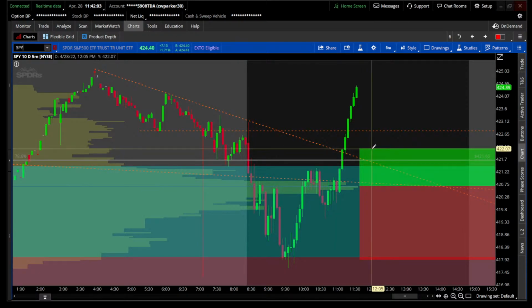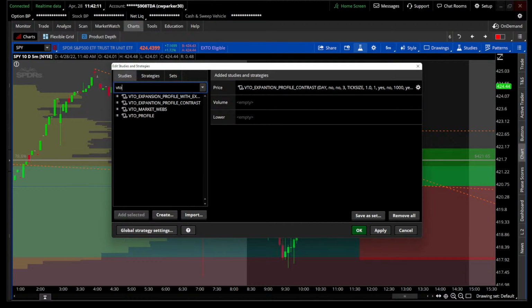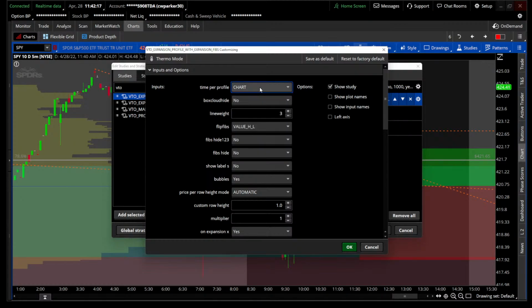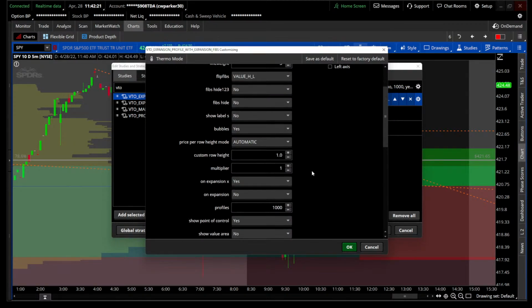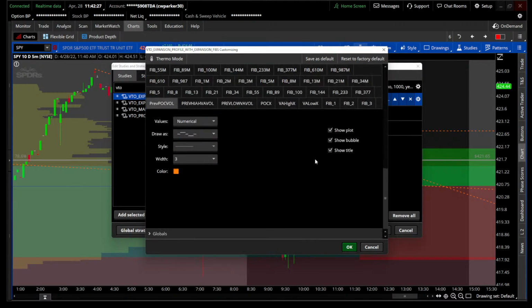I also created one with the Fibonacci expansion levels as well, the one with the Fibonacci expansion areas. So we can actually put those on, and let me make sure I've got the same settings. Have it set for a day, and I have this at 80, and pretty much everything else should be the same.